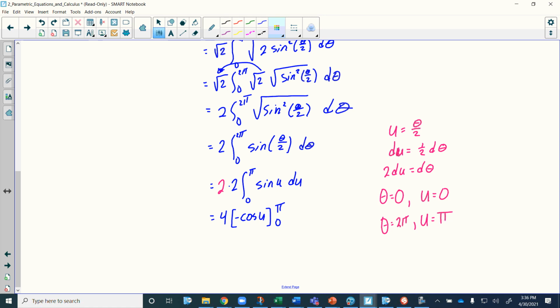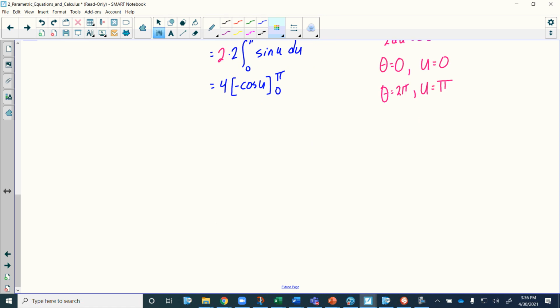Actually, no, in this case, we have to use the lower bound of 0, because I always forget. I usually like having 0 as my lower bound, because I think it means I don't have to do substitution with 0. But with the trig stuff, we do. So we have 4 times negative cosine of pi minus negative cosine of 0.